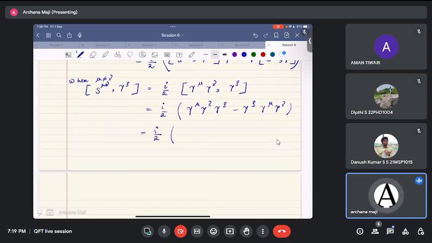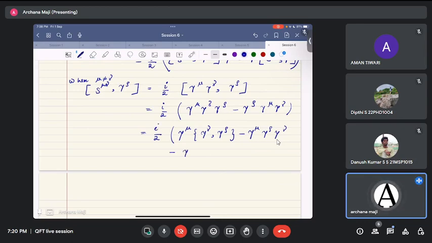We can form an anti-commutator with these two and another anti-commutator with these two, so that the extra terms coming will get cancelled out. The extra term we have to subtract is gamma mu gamma rho gamma nu. Let me know if you have difficulty following anywhere.